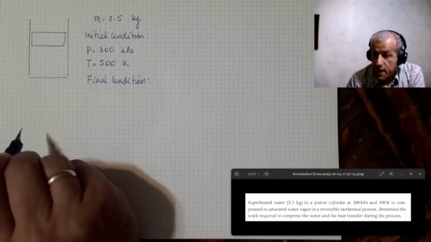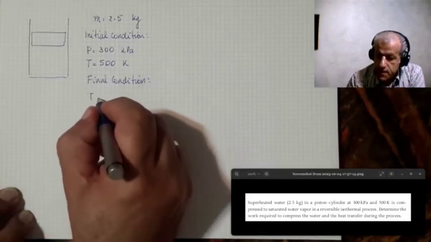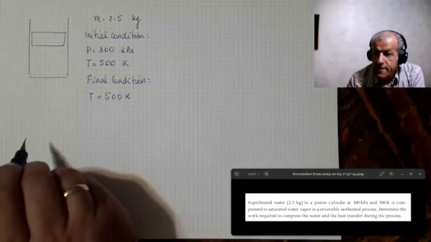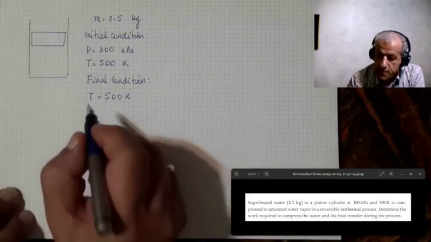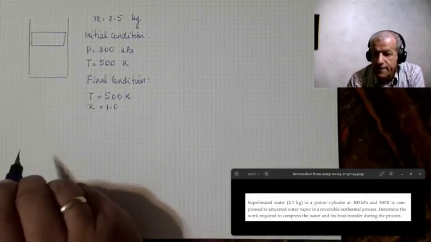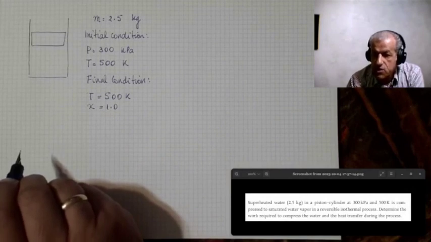The process is isothermal, so T equals 500 kelvins, and it is saturated water vapor, so X equals 1, and that is the final condition.